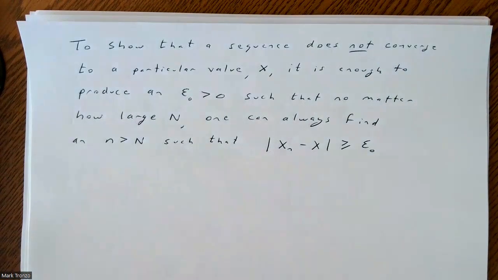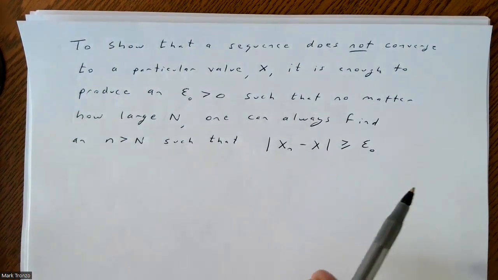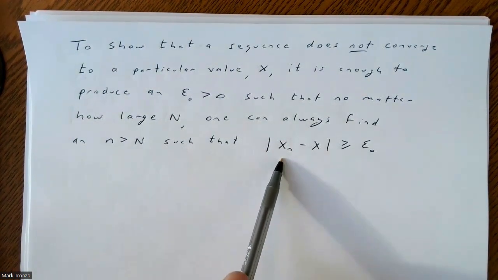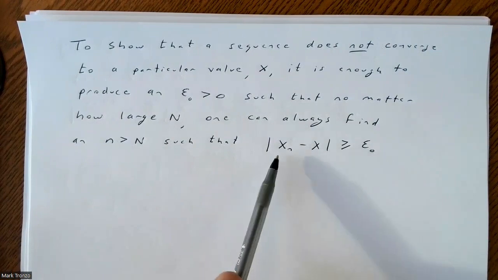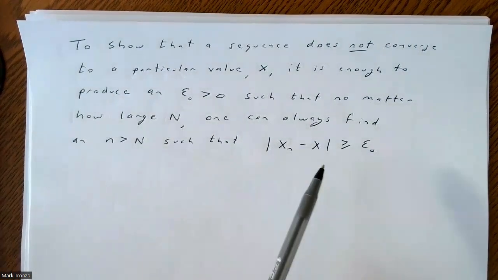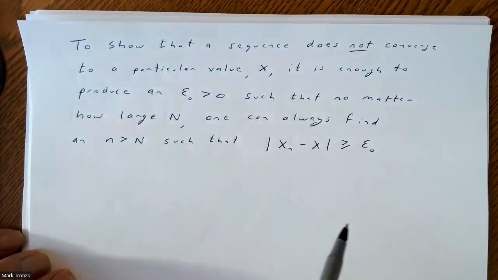So if you can produce an epsilon such that no matter how large of an N you pick, you're always going to find some points of your sequence that are outside that epsilon range, so to speak.